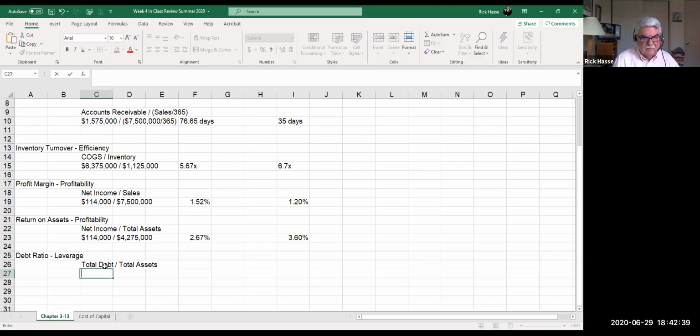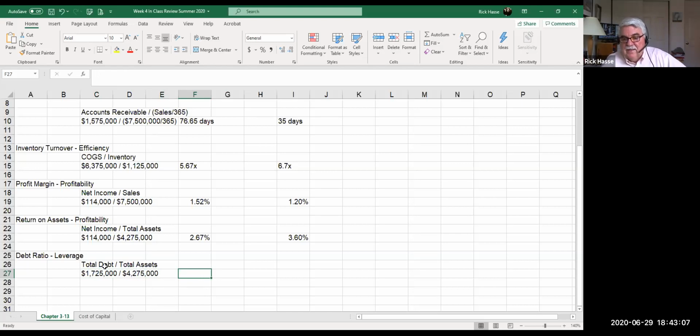Excuse me, not 500,000. My current debt was larger than that. Excuse me, I'm misreading it. $1,725,000. And I'm dividing that by the assets of the company, $4,275,000.